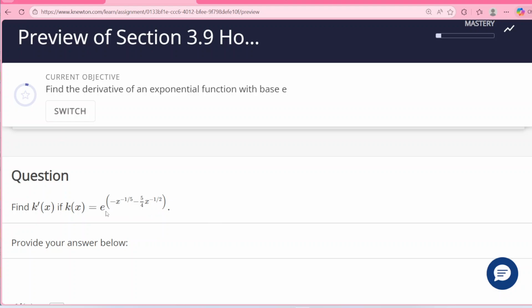So this is another one where it's not just e to some x power, it's something where I'm going to have to apply the chain rule, right? It's e to something. But remember, the derivative of e raised to some power with a variable is itself times the derivative of that power.